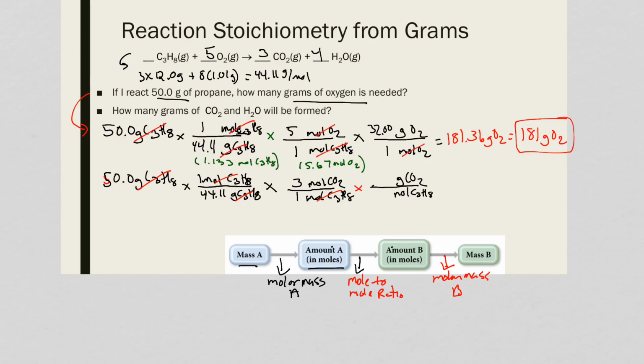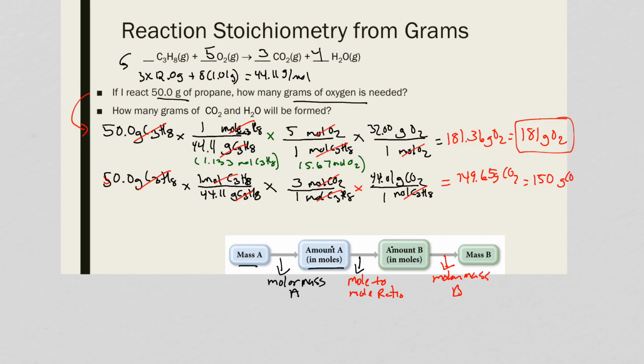Now, we've done this previously, but the molar mass of CO2 is going to be 44.01 grams per mole, 1 carbon, 2 oxygens. So we cancel this out, I do my calculations, and I should end up with 149.65 grams of CO2.